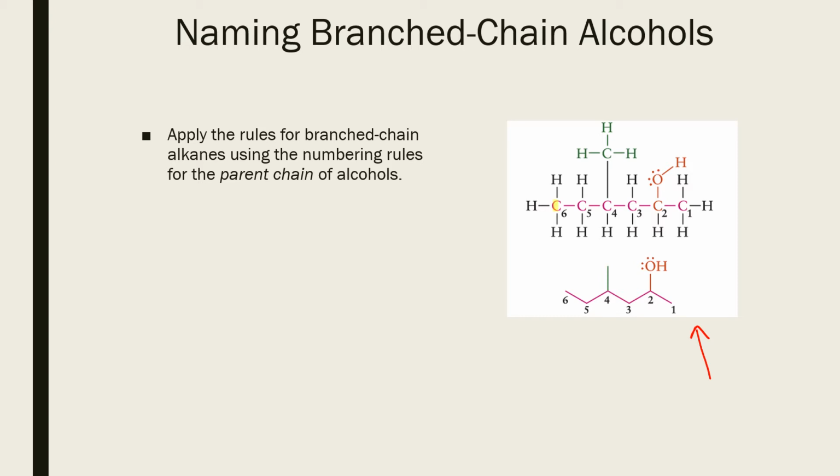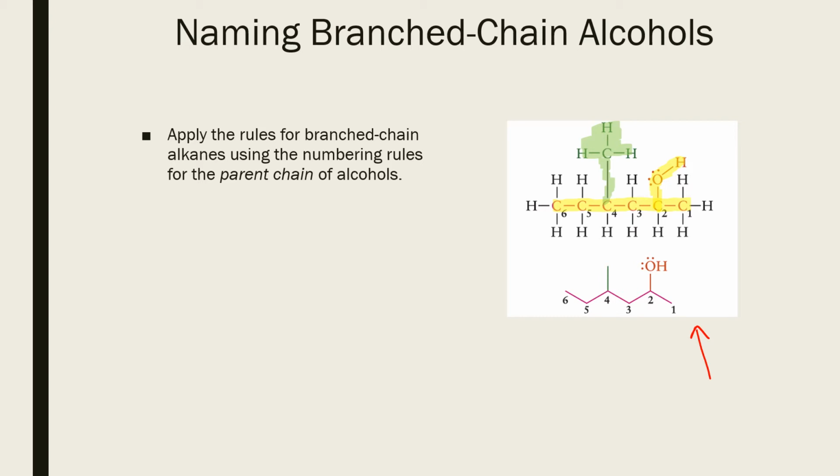In this case, again, our longest chain is the horizontal chain, and it consists of 6 carbons, and also the OH group is connected to this longest chain. Now, apart from the OH group, we will identify any branched alkyl groups connected to this longest chain, and if we look carefully, we can see that one of the methyl groups is also connected to this longest parent chain.